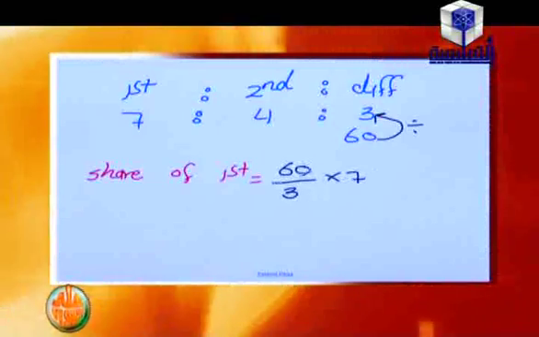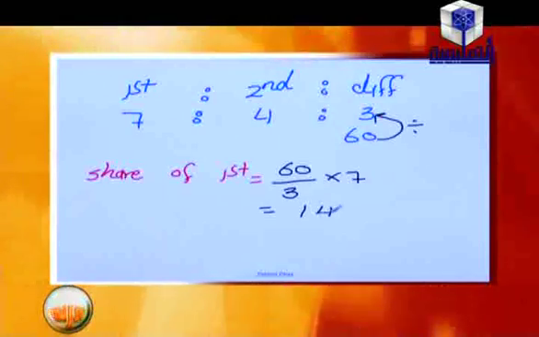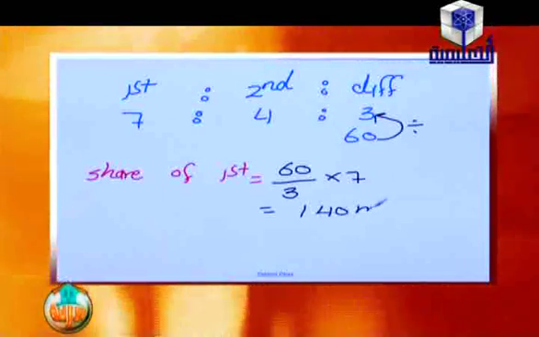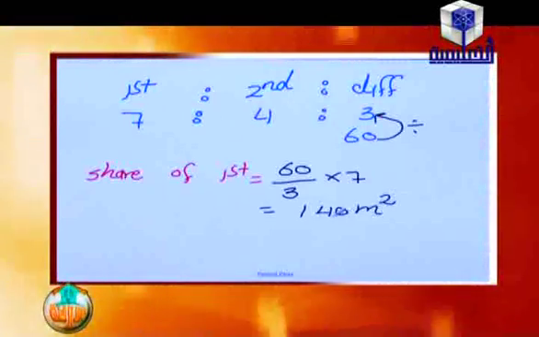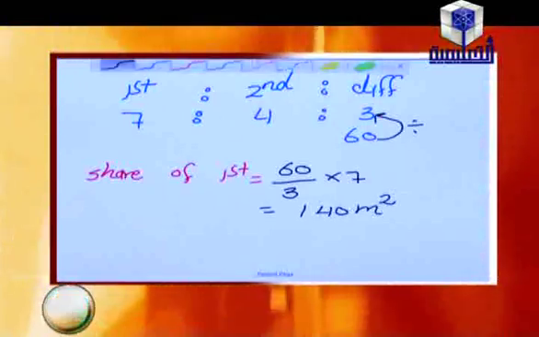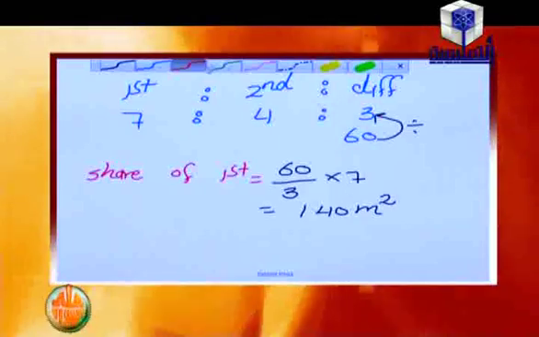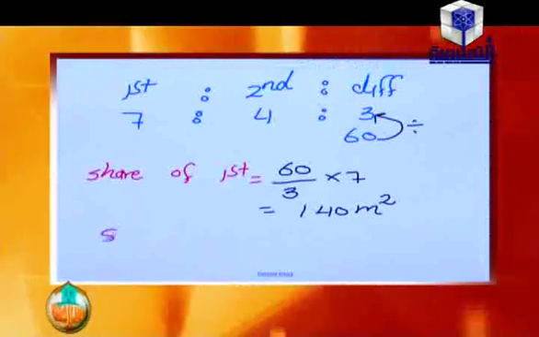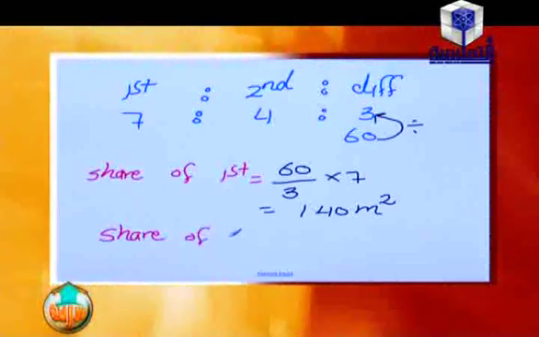It will be 140 meters squared. The share of the first equals 140 meters squared. To find the share of the second, we have two methods.